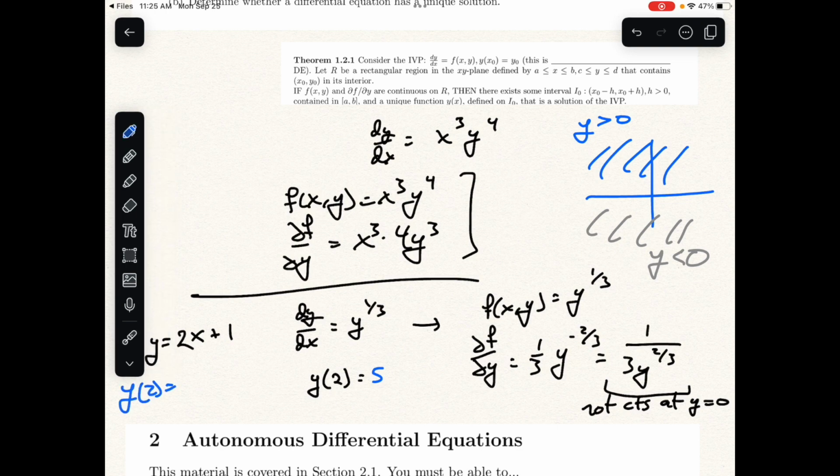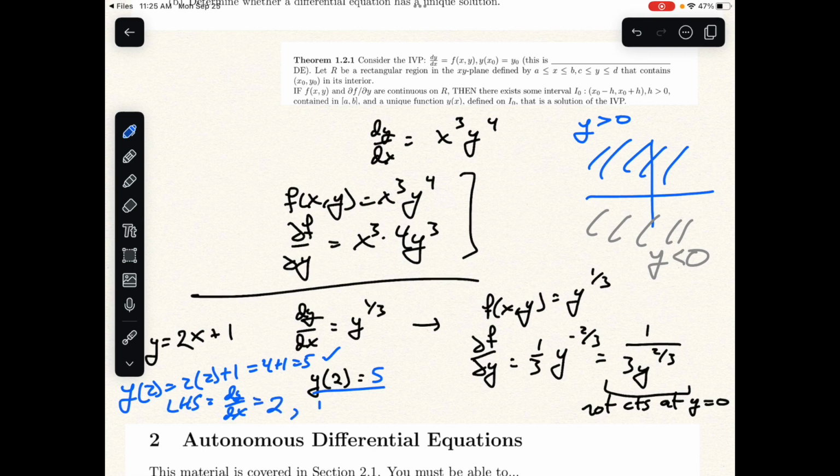You just have to plug x equals 2 in and show that it spits out a 5. Here you get 4 plus 1, that's equal to 5. So yeah, that checks this box. But if you wanted to check if it satisfies the differential equation, that one's not going to work out, because your left-hand side is dy dx. If you plug that in, you're just going to get the derivative, which is 2.